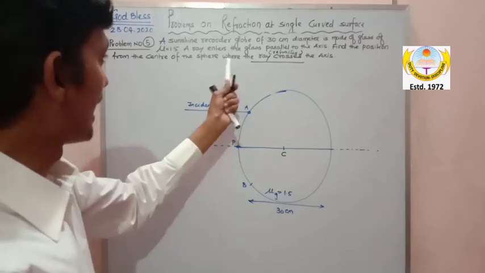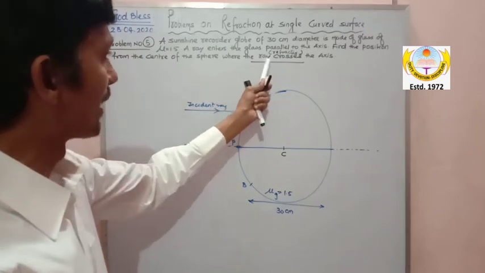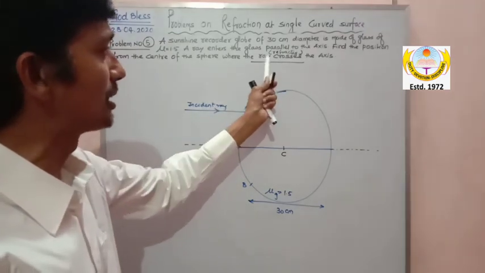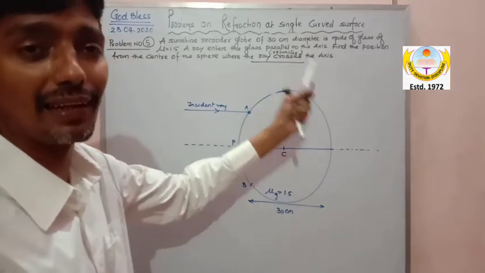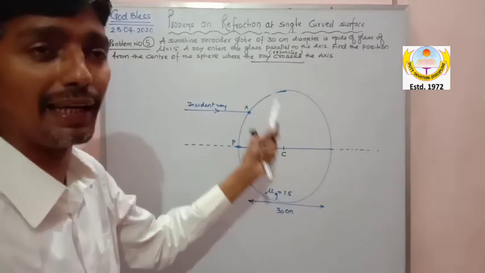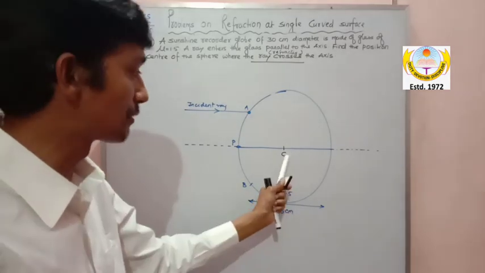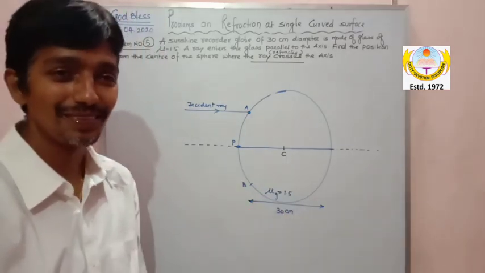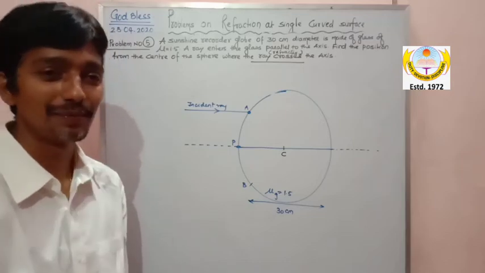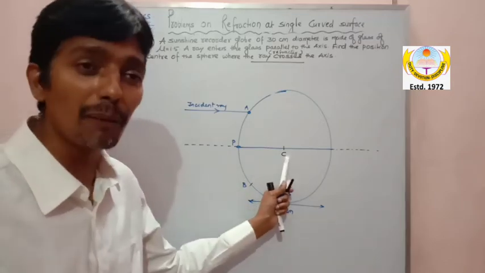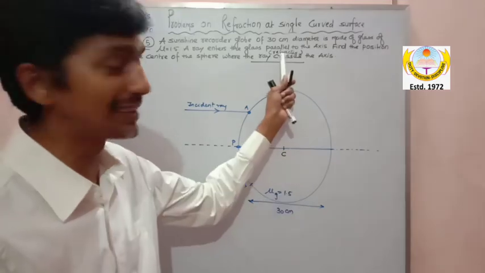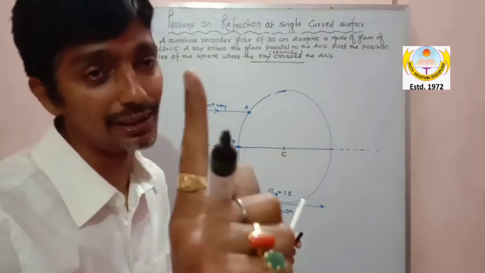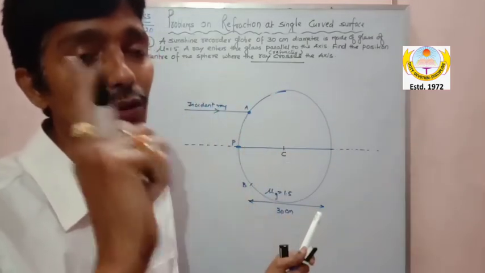Which ray? Sir, the refracted ray, because we are interested to find the image's distance from C, not from the pole. See the question: calculate the distance from C of the refracted ray, not from the pole. This is one thing which you are supposed to make a note of.